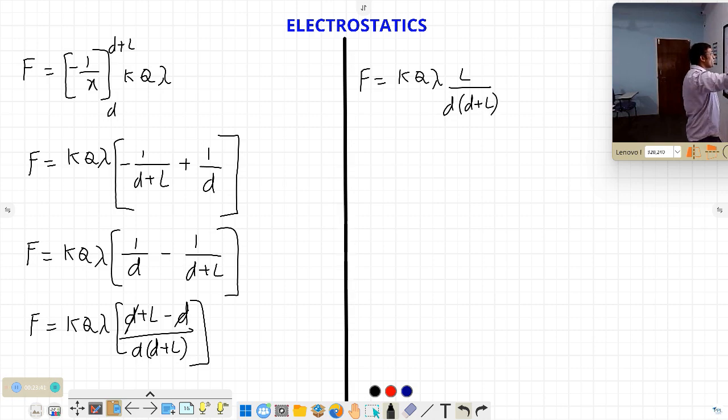In this case, if you want to write in terms of charge, I can write F is equal to K into Q into lambda, where lambda is nothing but charge per unit length.